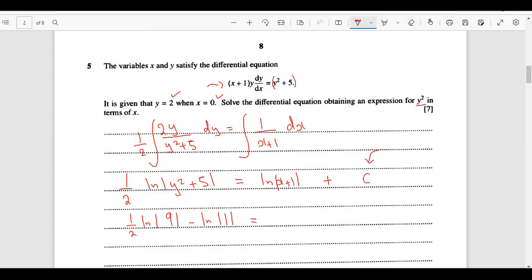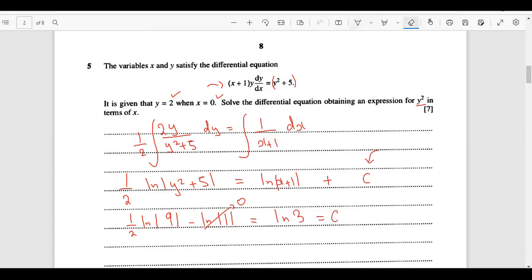Yes, sorry, I missed it. Ln 1 is 0. Very good. So it will be 1 by 2 ln 9, so ln 3. Excellent. C is ln 3, right? Yes. Excellent. This would be ln 3 and that is C.